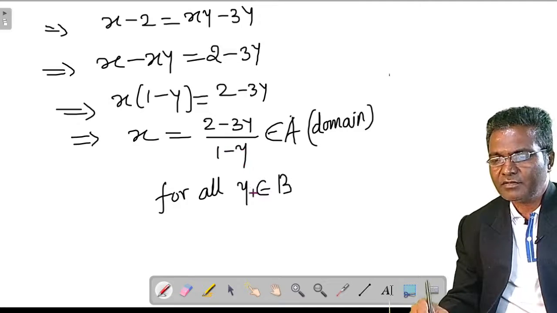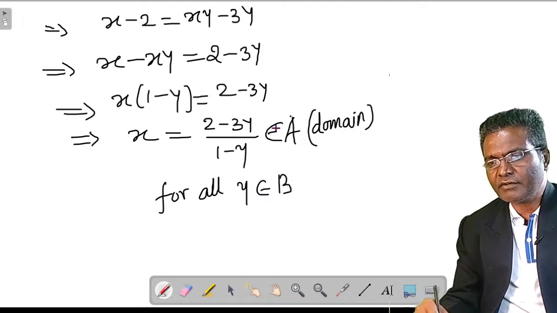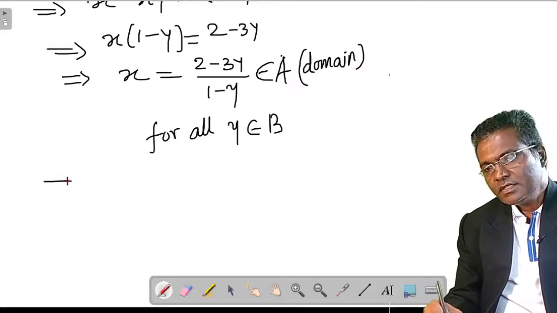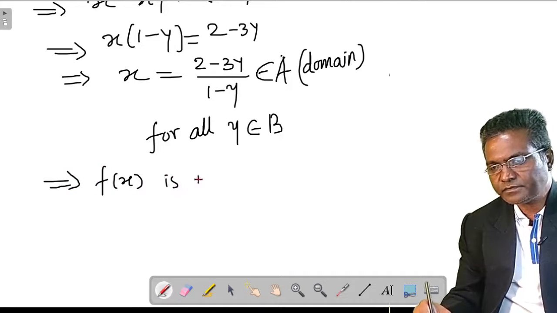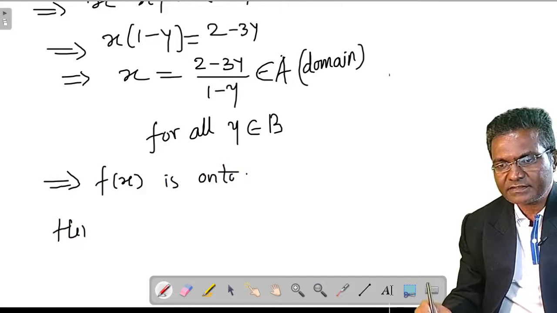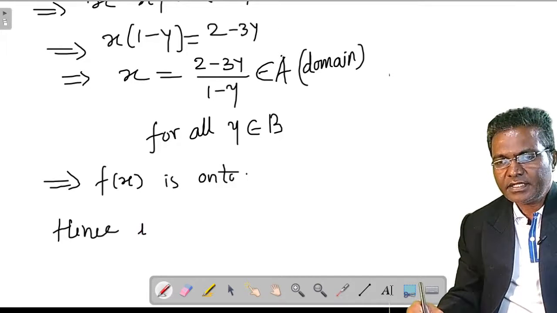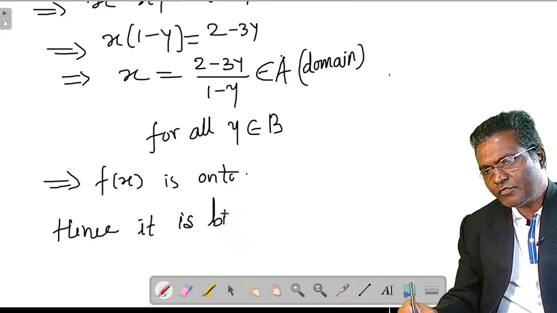So it means for every y that belongs to B there will be some x in A. That is the meaning. So this implies f of x is onto. Hence, it is a bijective function.